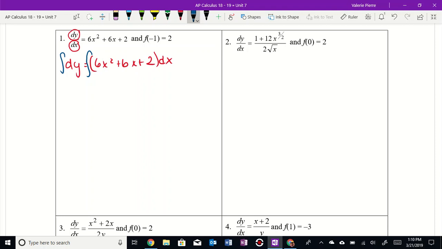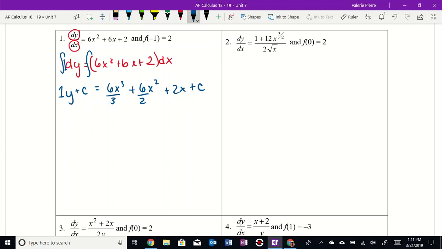On the left side, we're taking the integral of dy, or in this case, 1 dy. If we find the antiderivative of 1 in terms of y, that's 1y plus c. And on the right side, the integral of 6x squared plus 6x plus 2 is equal to 6x cubed over 3 plus 6x squared over 2 plus 2x plus c. Okay, if you look at this problem, we have two c's. C just represents constant, right?